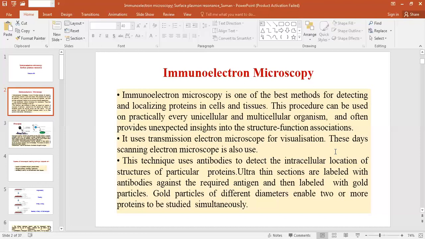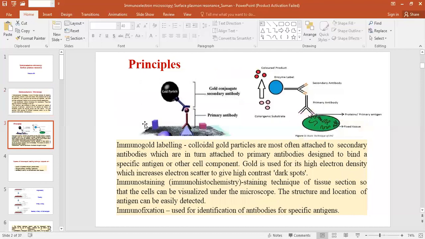Like immunohistochemistry is a different thing, where we are screening the components of the tissue by using antigen antibody reactions. Here the antibodies used are fluorescently labeled. But what we are using here in immunoelectron microscopy, the principle is different.